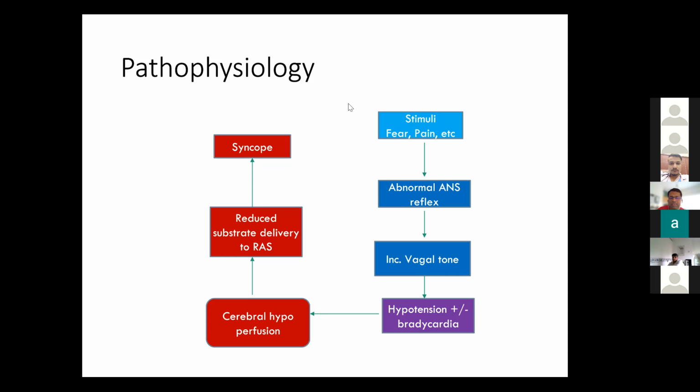They can also sometimes have brief, quote-unquote fitting episodes, where some jerking is noted. It's all due to the bradycardia or hypotension causing reduced cerebral perfusion. That means reduced oxygen and substrate delivered to the brain, which can contribute to the fitting episodes seen.